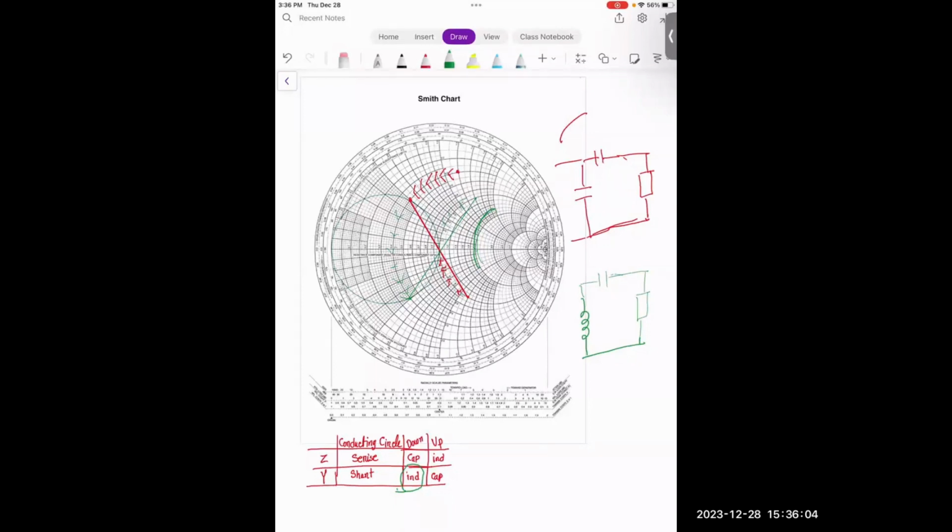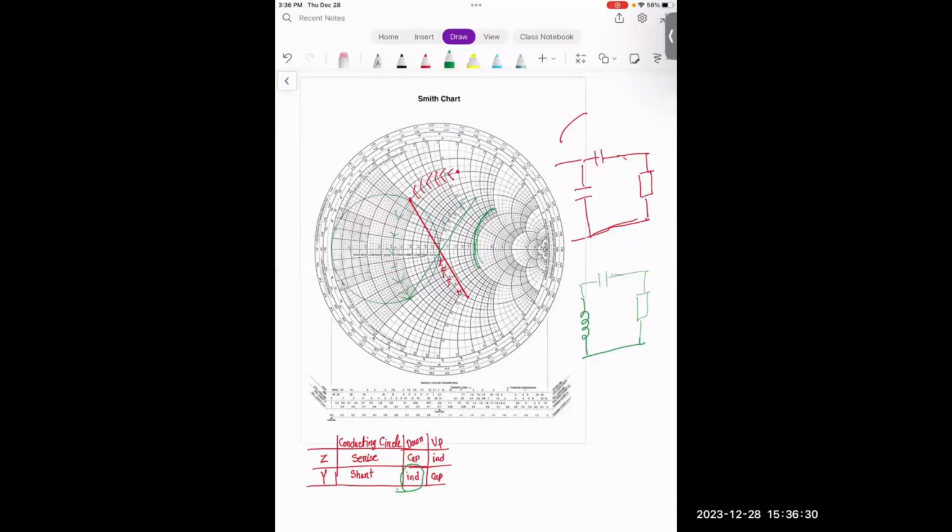But if the question asks for CC matching, in this case you go over here, going down because in the Z chart, one is the series, then go to the Y chart, hit the R circle, and go back to the middle point.